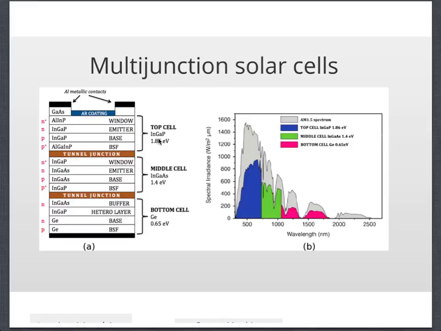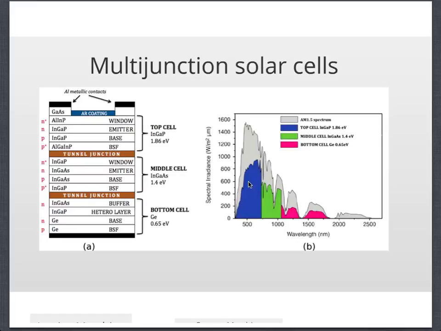In this case, the highest band gap is indium gallium phosphide, which has a band gap of 1.86 electron volts, then indium gallium arsenide at 1.4 electron volts, and germanium at 0.65 electron volts. So in this case, there are three band gaps. The highest band gap will absorb photons with higher energies. This is shown in the right curve.